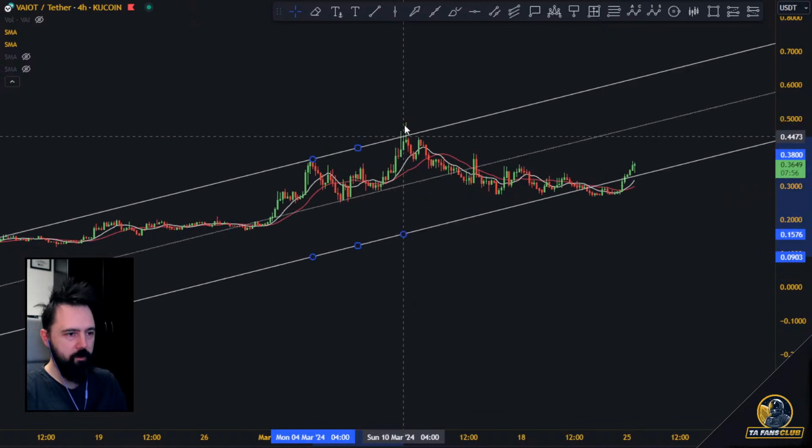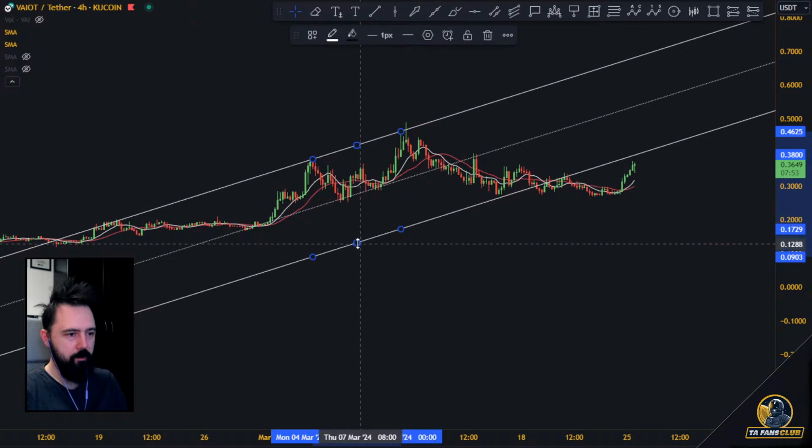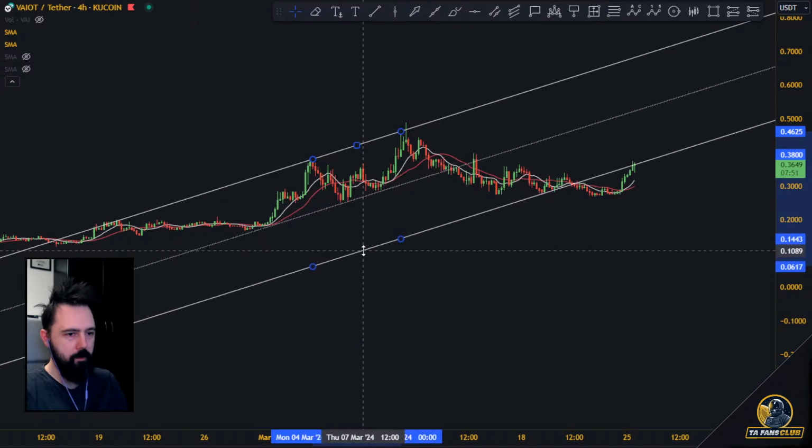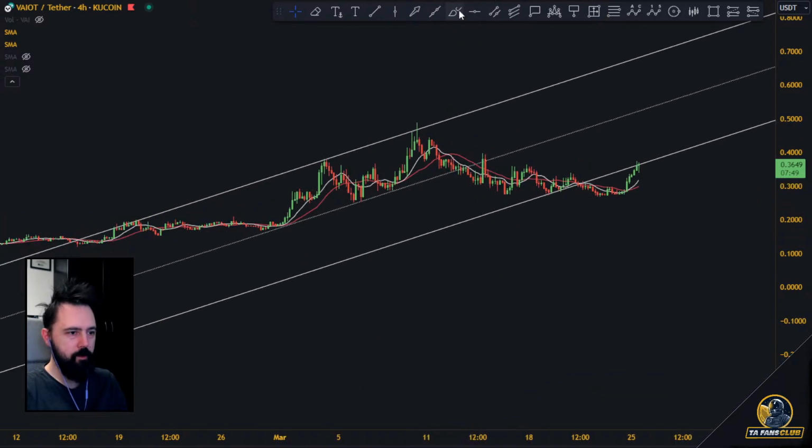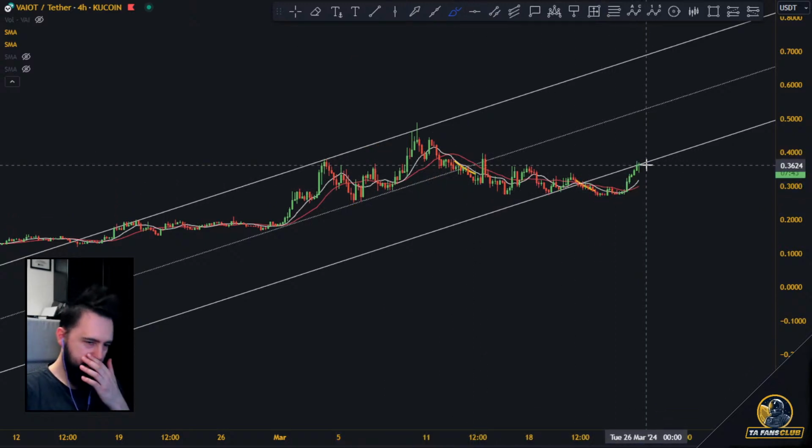No, it shouldn't maybe go all the way up there. Yeah, this looks nice, because this channel up here broke down, went over here, broke down again, and right now is trying to get back up there again, towards the upside.